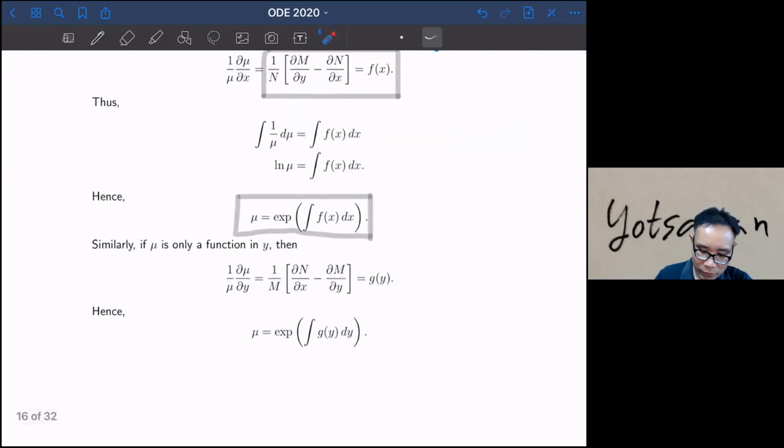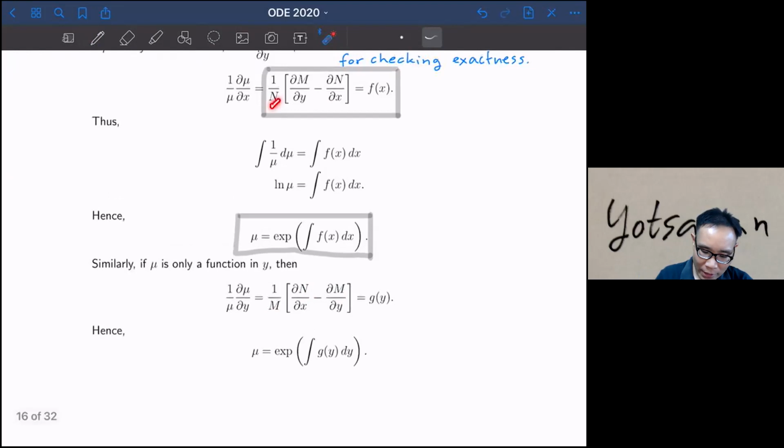So you have dN/dx minus dM/dy. I told you before that the order turns out to alternate. So you have M, N, and M; before, you had N, M, and N. If you have M minus N, you're going to divide by N.